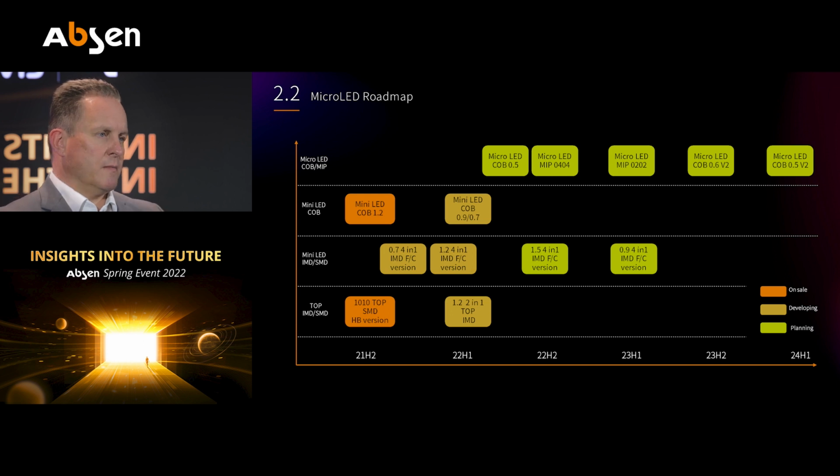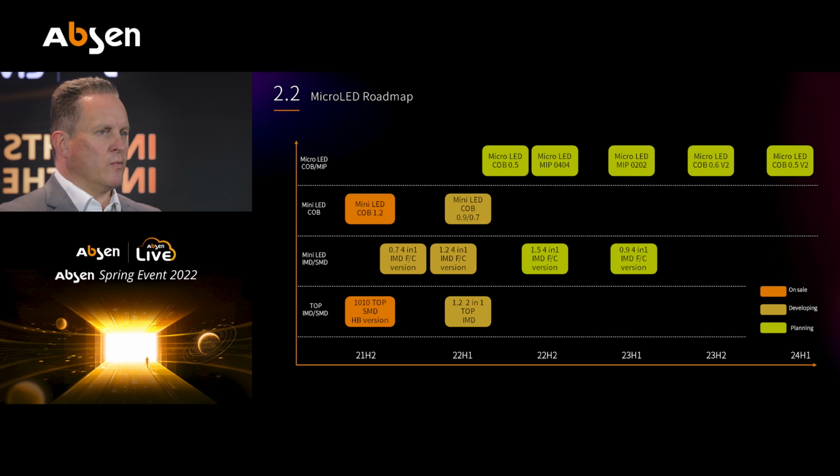Then on the bottom left side, you can see a 1010 top SMD, so mature SMD technology, but with a high brightness version. And then in the middle part, you can see the mini LED IMD section, where we have a 4-in-1 IMD for 0.7 millimeter pixel pitch, and the FC means flip chip, so the already energy saving and higher brightness solution of LED technology.